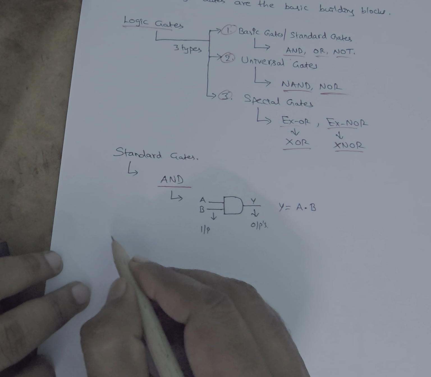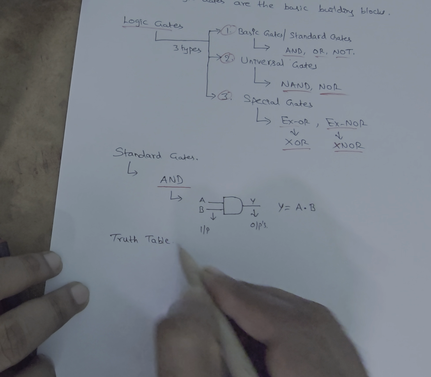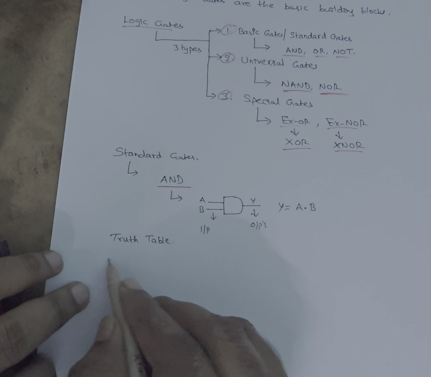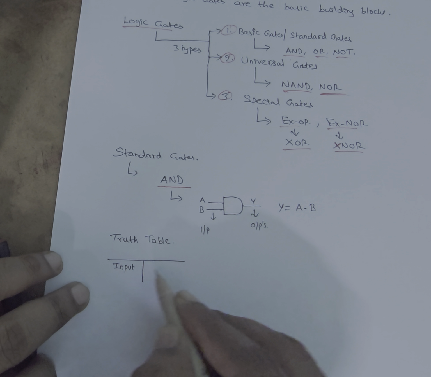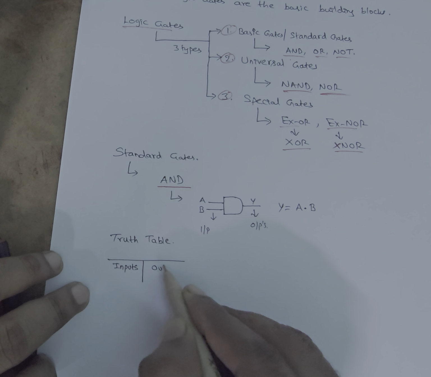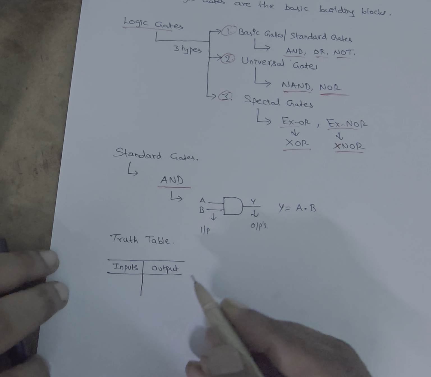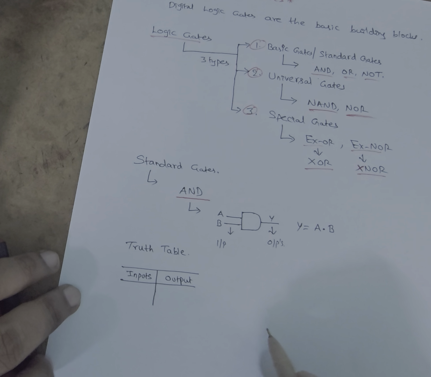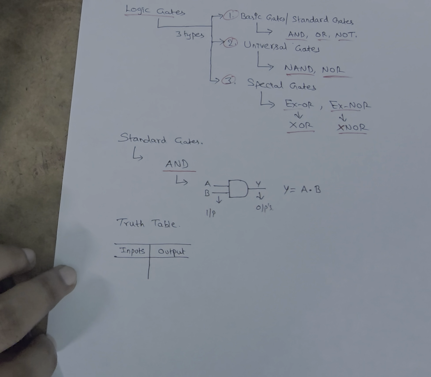Coming to the truth table, what does it consist of? A truth table consists of two parts: inputs and output. Here in the standard gates, A and B are the inputs.